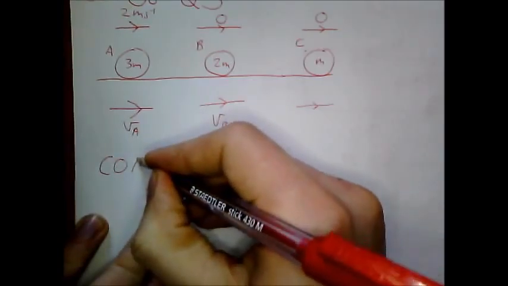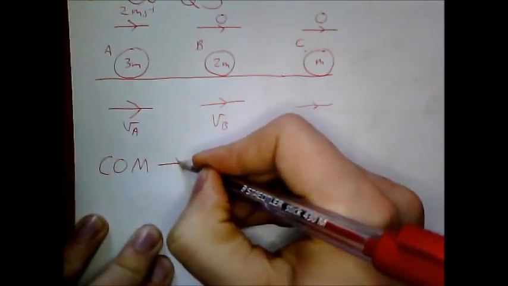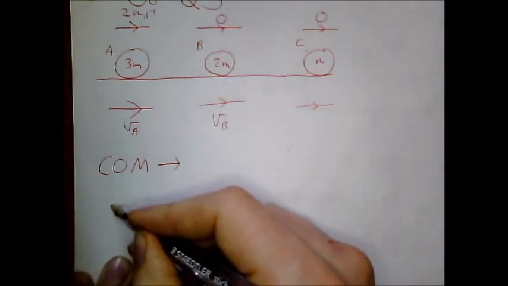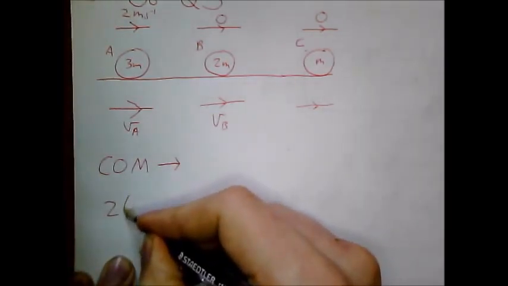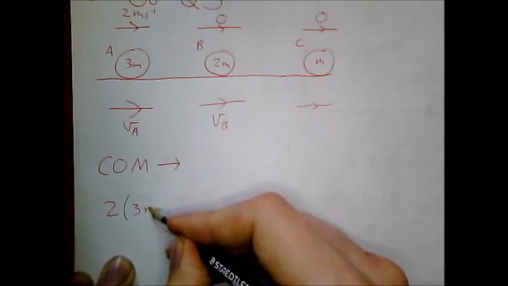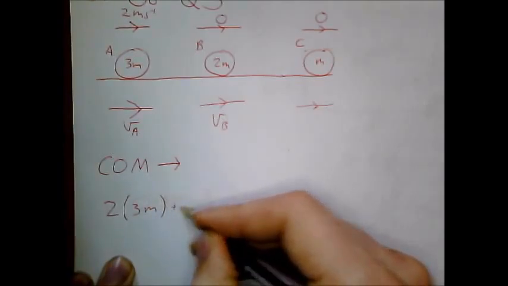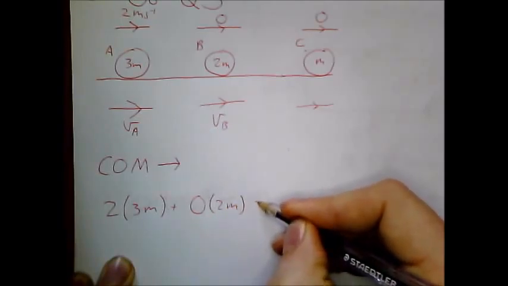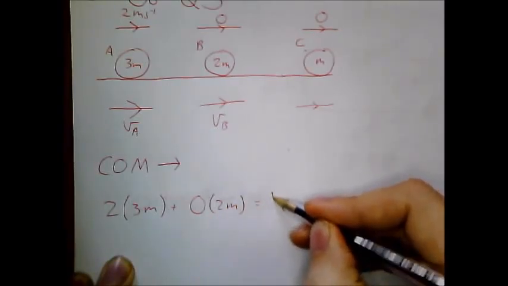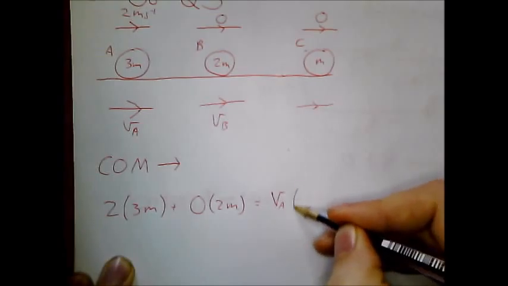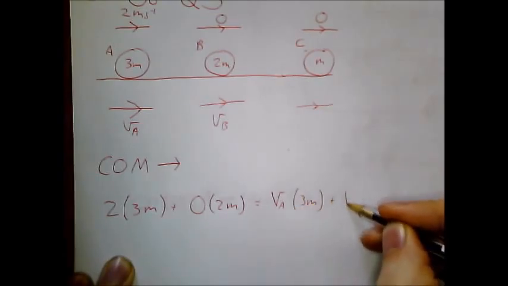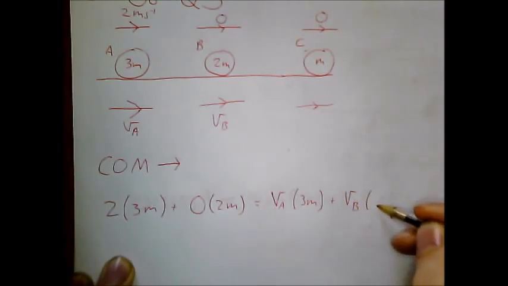Conservation of momentum to the right. At the moment it collides, we have 2 lots of 3m plus 0 lots of 2m, which equals VA lots of 3m plus VB lots of 2m.